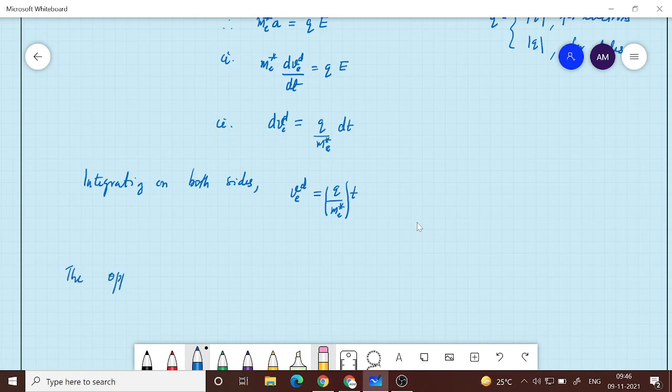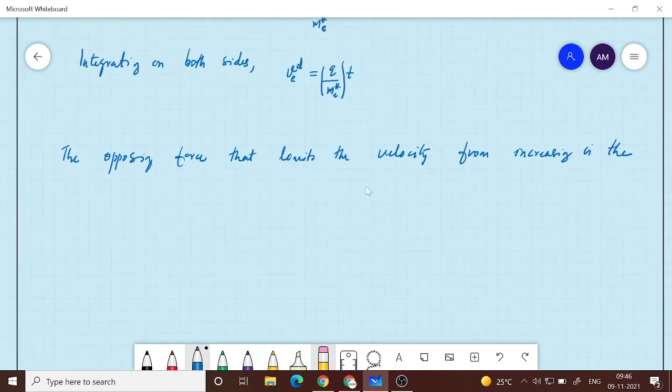The opposing force that limits the velocity from increasing is the collision, the scattering or collision mechanisms.